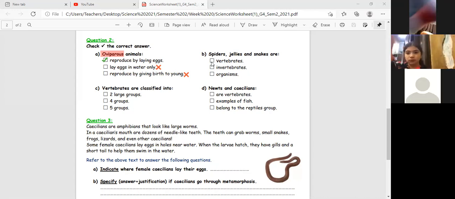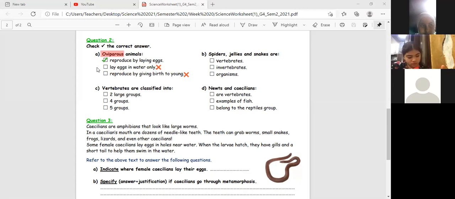Yara or Mira? Vertebrates. So Yara says that they are vertebrates. Mira, do you have another answer? No, I said they're invertebrates. So Mira says invertebrates.